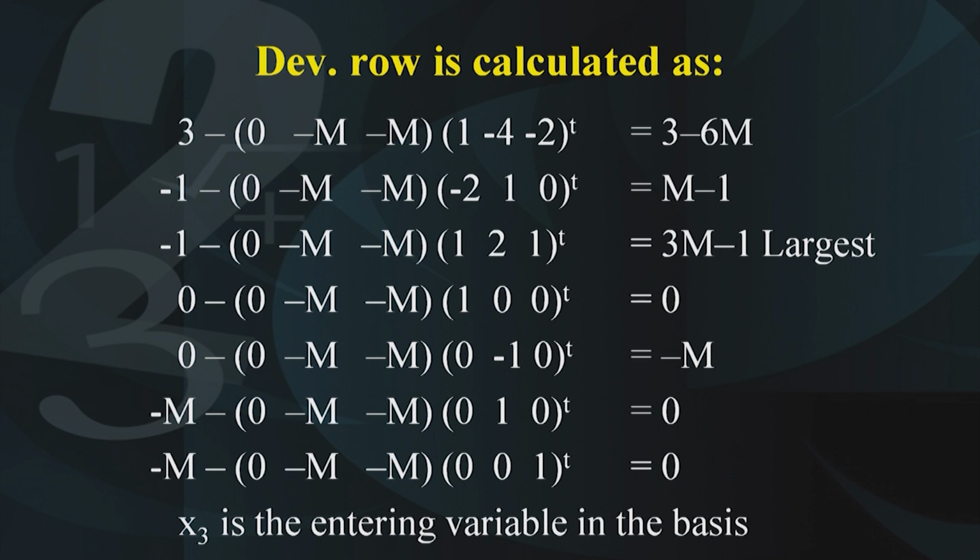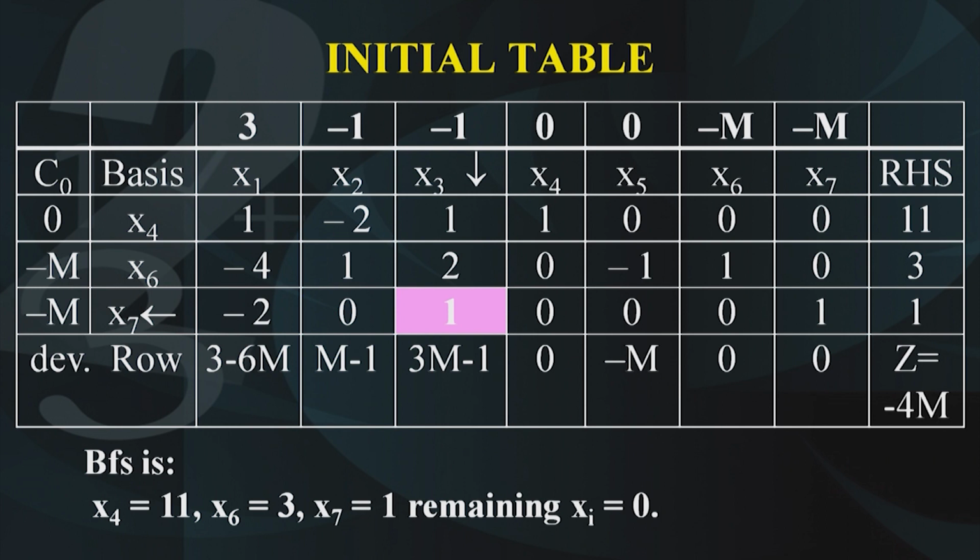Please check, you should get 3 minus 6M. So, this 3 minus 6M we will write over here in the first entry below the x1 column.